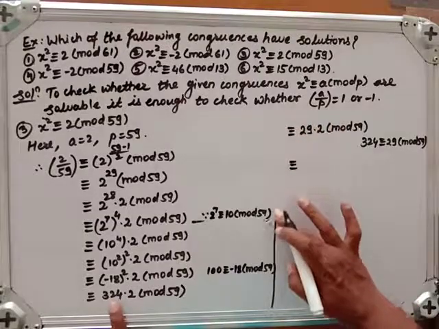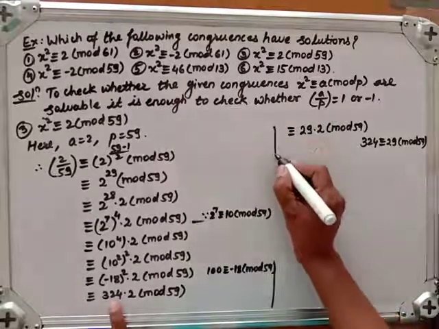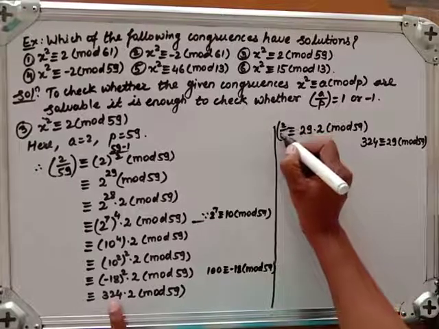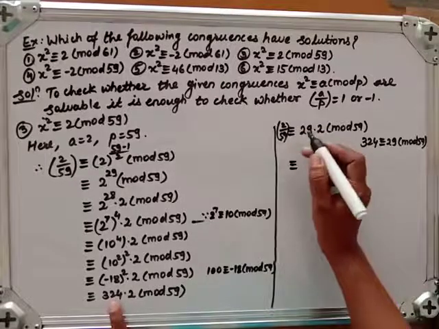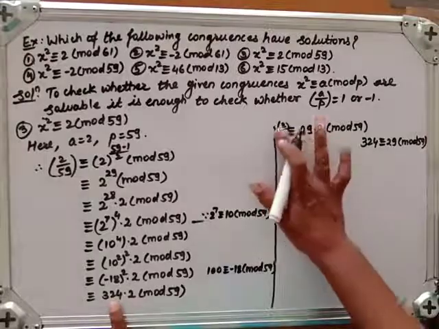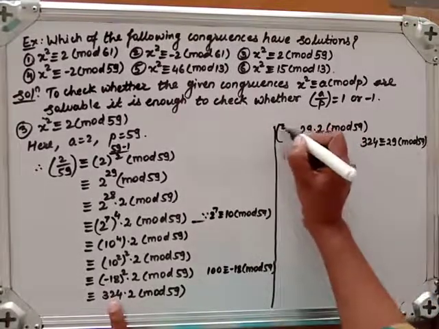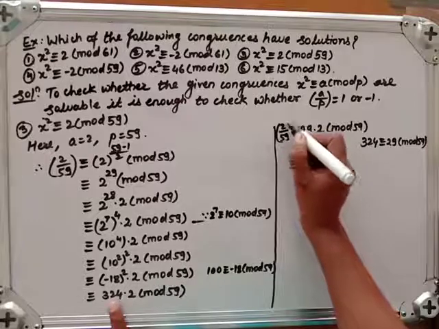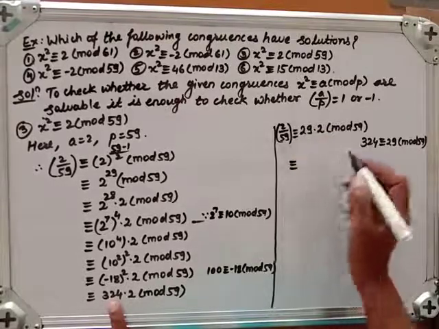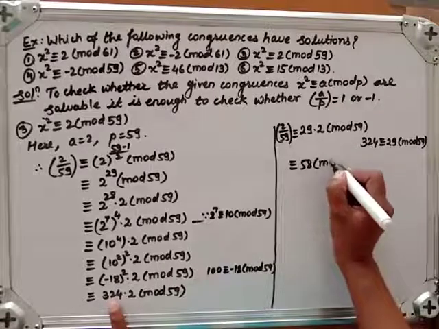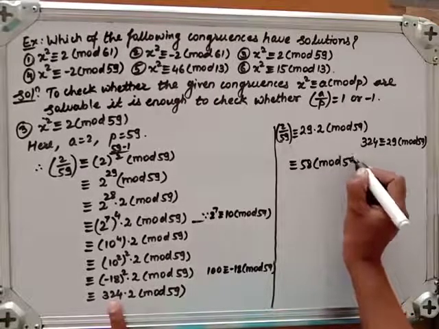Here let me wait. This is what? Legendre symbol of 2 over 59. This one we are continuing here. Legendre symbol of 2 over 59 congruent to this. Now 29 twos are, so it will be 58 modulo 59.